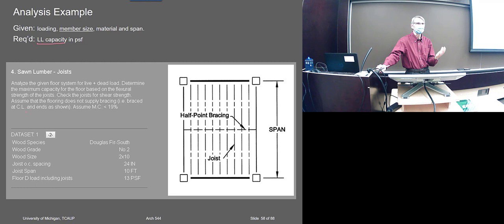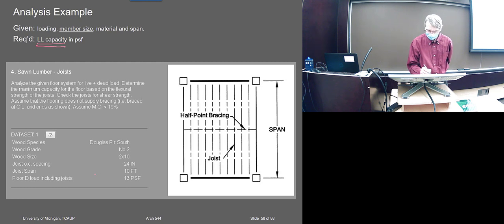See if you have enough capacity to use it as, say, a bedroom, where you want to have 40 PSF or 30 PSF, whatever those rooms are. So you'd want to check the live load capacity in this case. It looks like it was another homework problem, but I don't think it's one this year. Maybe it was from a couple years ago.